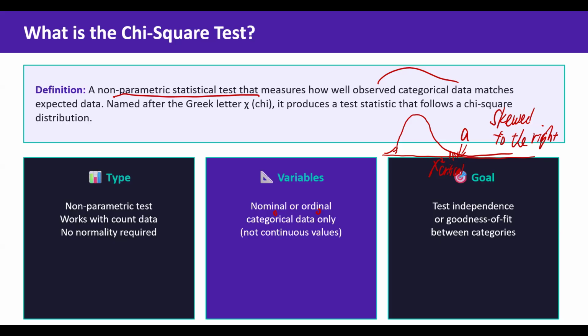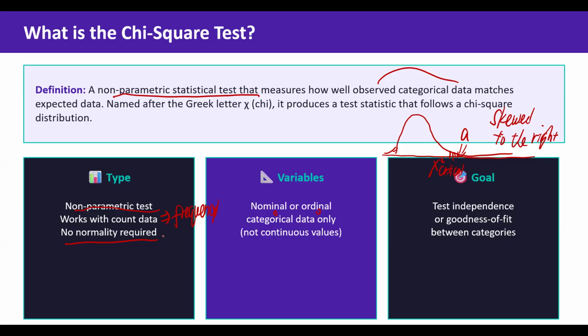It's a non-parametric test of count data, meaning frequencies. That's why we can say expected frequencies and observed frequencies. Normality is not required when we run the chi-square test, which is why this test works well even with a very small sample.